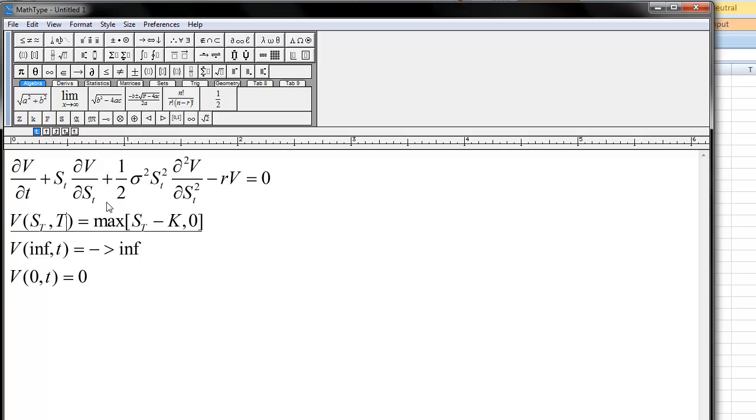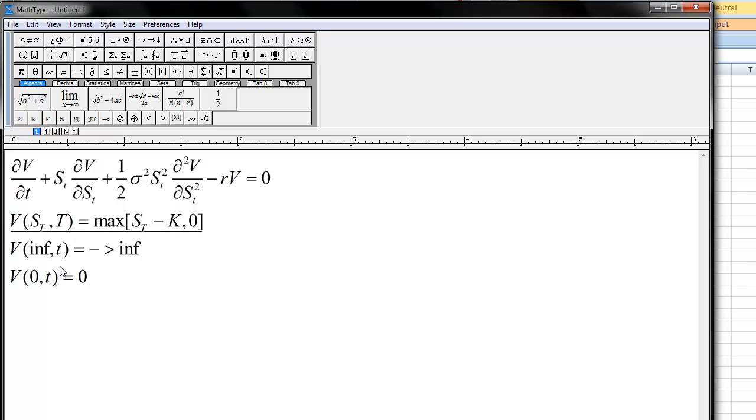So this is basically the Black-Scholes partial differential equation, and it is specialized for the call option. The call option is defined by the boundary conditions over here.